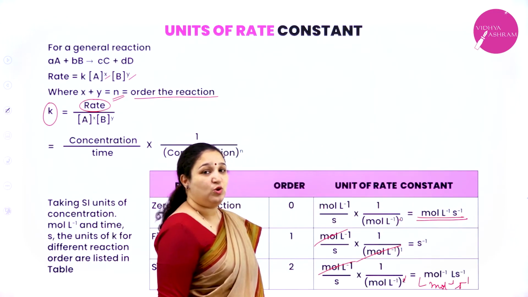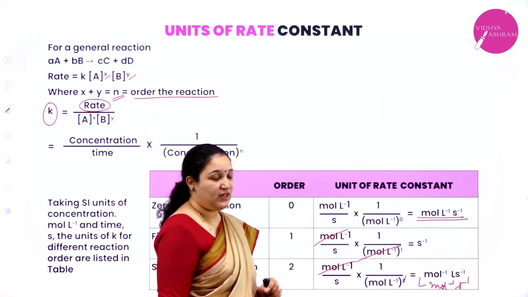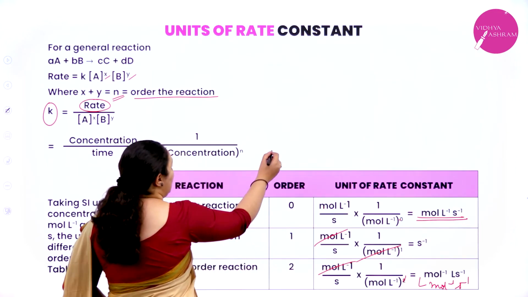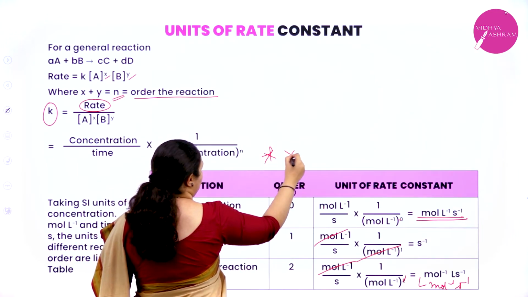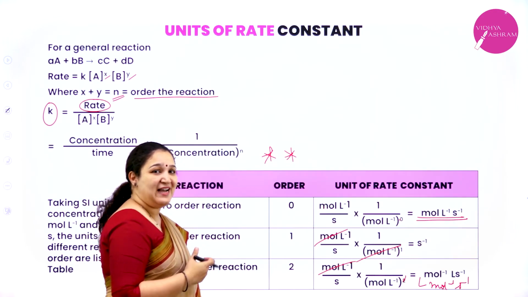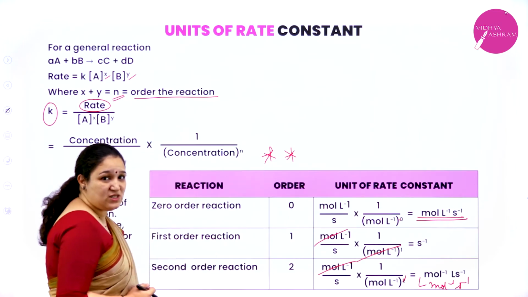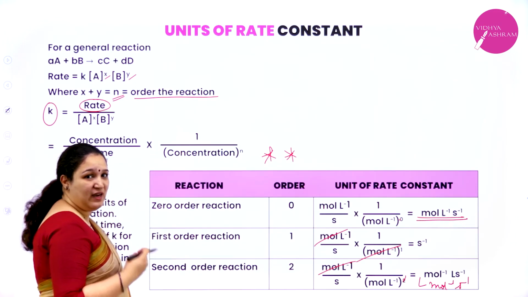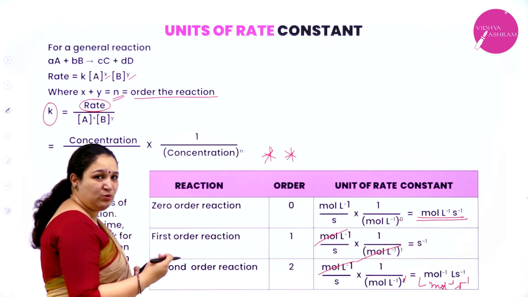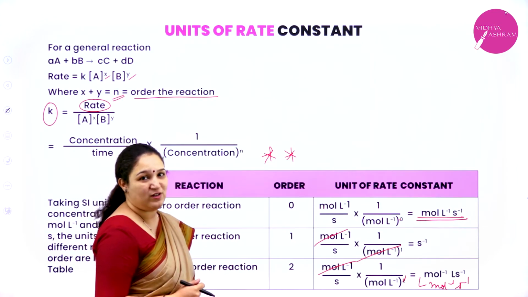Okay? So you need to know the unit of rate constant. You can get 1 mark question from this part. It is very important, and how the questions will be asked, I shall solve the numericals for you. Okay? So I hope you have understood how exactly we are getting different units for different order of the reaction for rate constant.